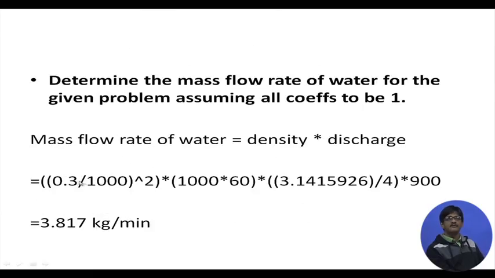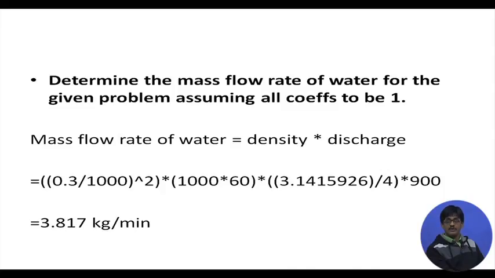So, 0.3 divided by 1000 converts it to meters, square of that. So, pi by 4 into d square multiplied by the density. Now, what is the 60 doing here? 60 is because 900 meters per second is being converted to 900 meters per minute.